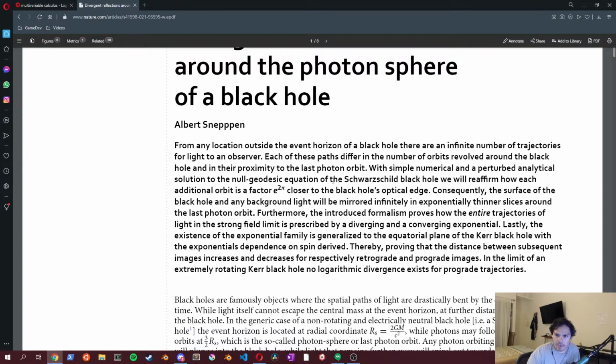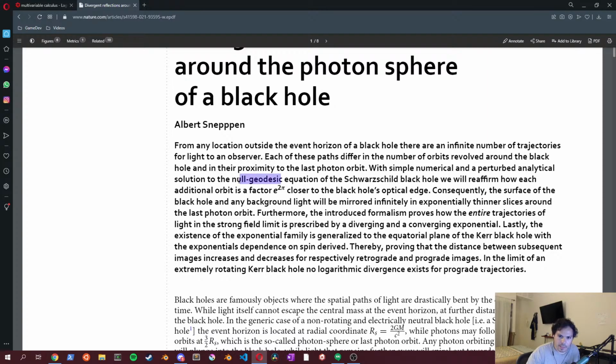So when you have a perfectly spherically symmetric black hole, that's called the Schwarzschild black hole, and it has a well-defined solution. It's one of the easier problems in general relativity. So I guess they're saying if you look at the solutions there, you can see that there are these null geodesics. So light travels along what's called a null geodesic.